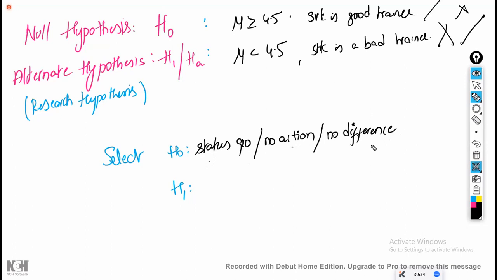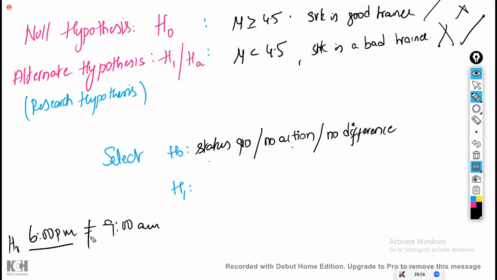No difference means you are comparing between two things. For example, 6 p.m. batch students and morning 9 a.m. batch students. Two batches are there. What is the null hypothesis? There is no difference between both of them. Both are the same.